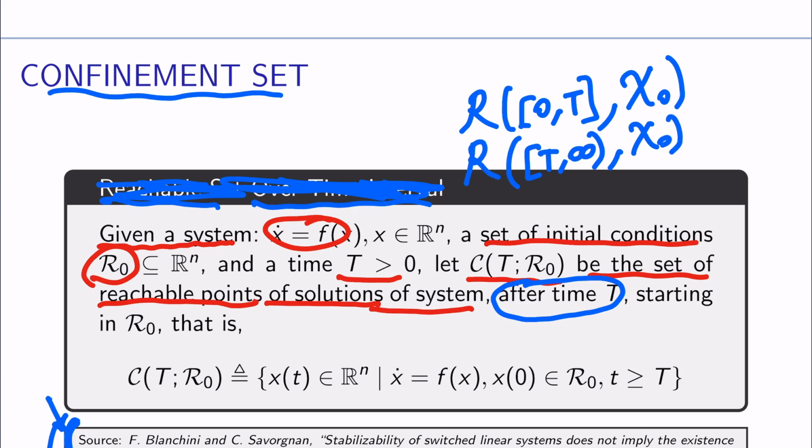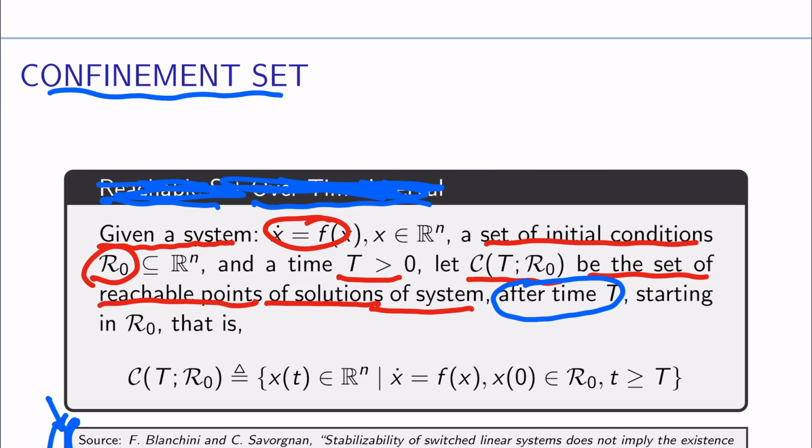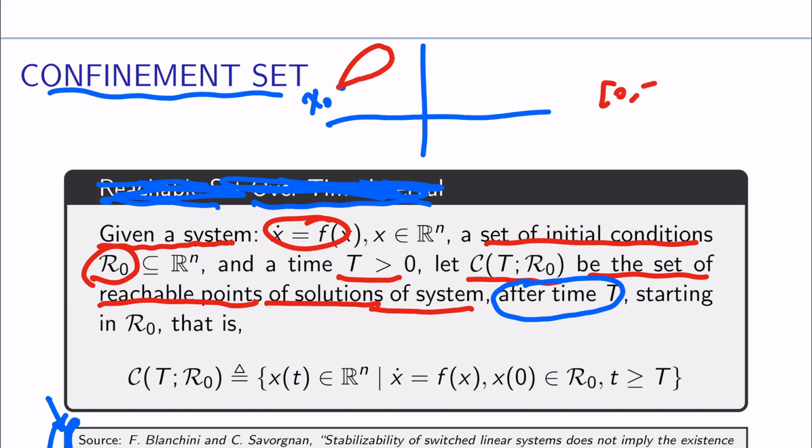Like if you were to draw, you draw something like this, I'm assuming. Okay, what do we mean by that? Let's look at only one point, and 0 to t, and this is the reachable set, for example, from 0 to t, and then after that maybe it will go towards this.